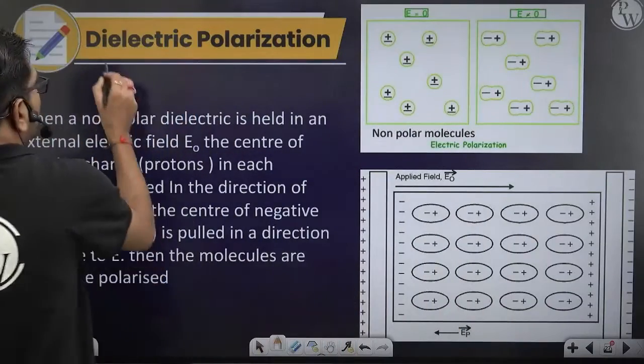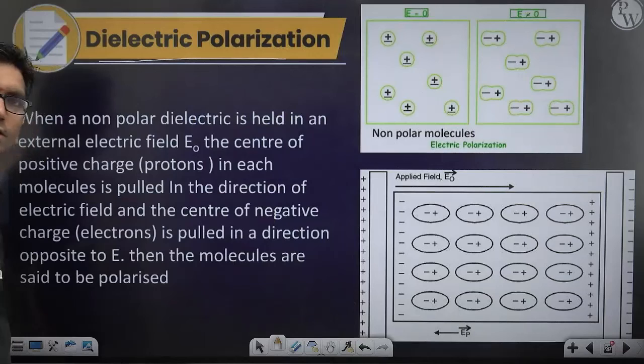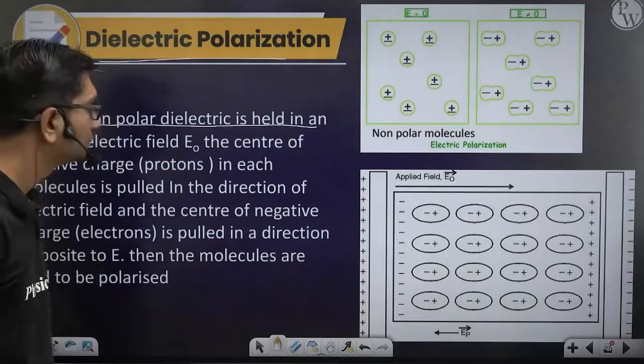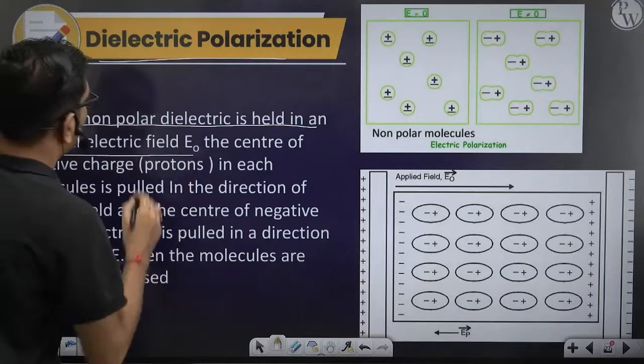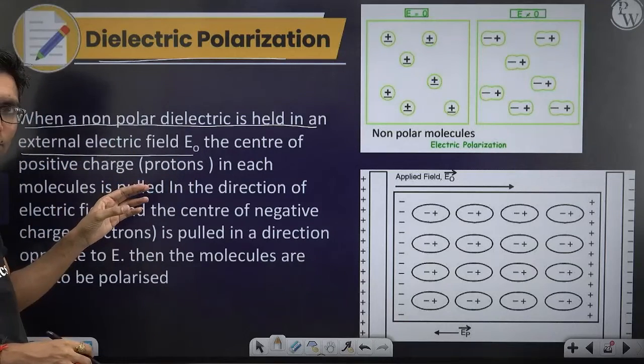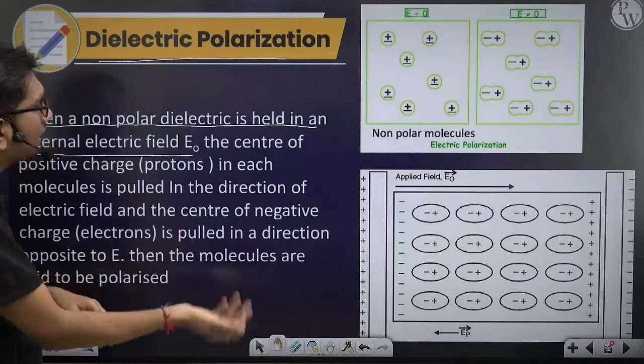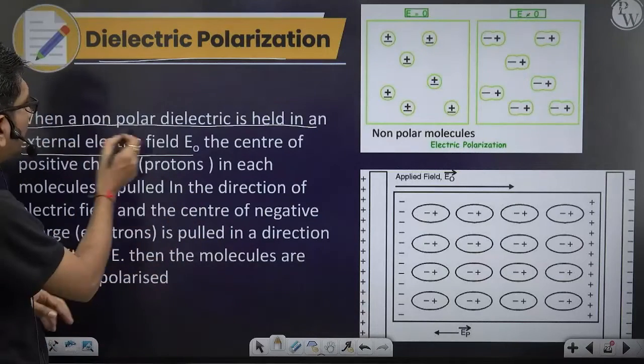Now, dielectric polarization. When a non-polar dielectric is held in an external field, in the beginning I am taking the non-polar dielectric substance. Later, in the next slide, I will take the polar dielectrics.